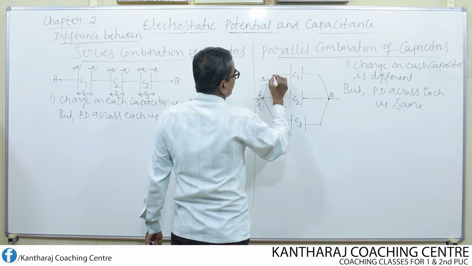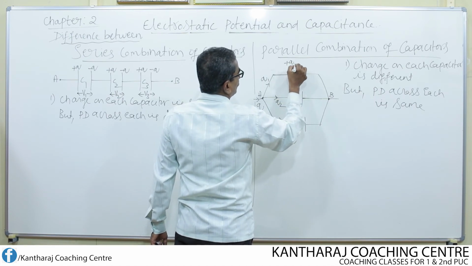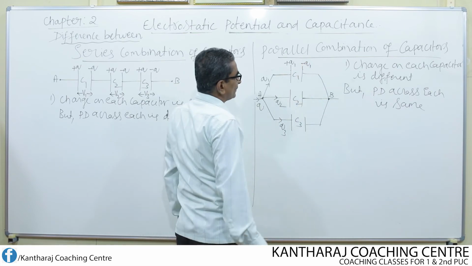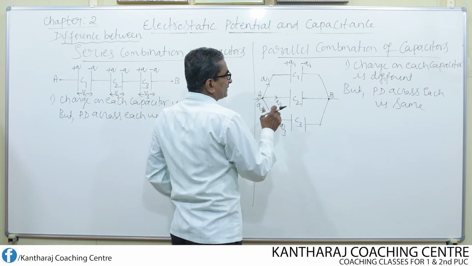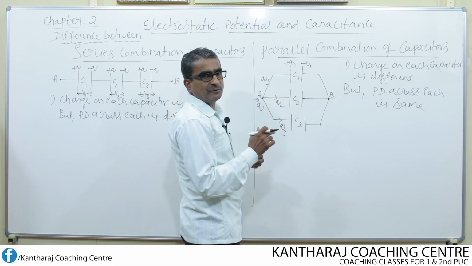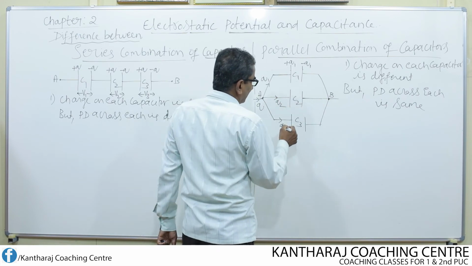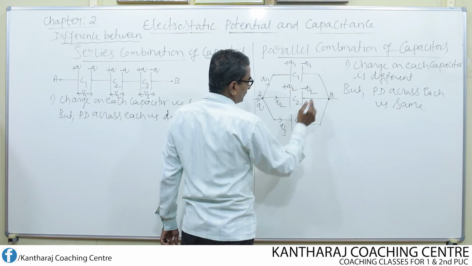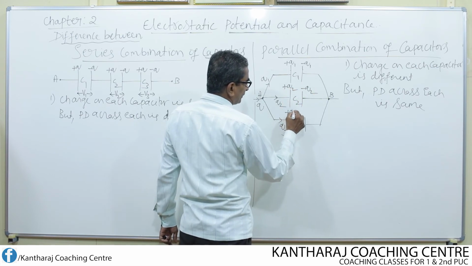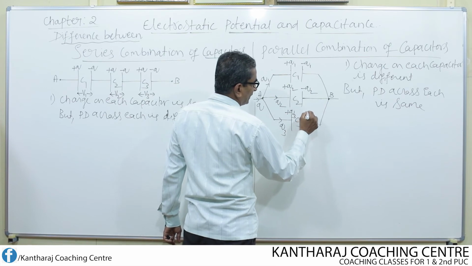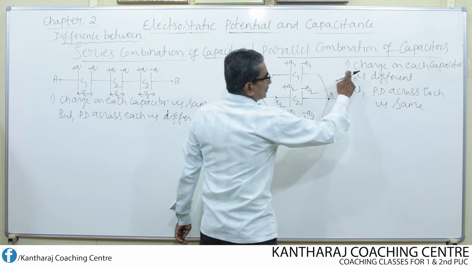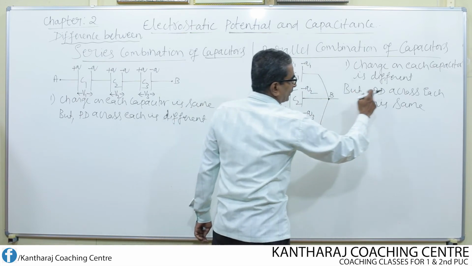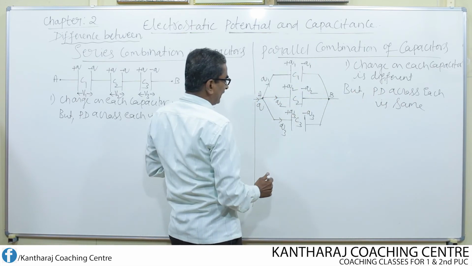So this plate gets charged to Q1 coulomb and the other plate minus Q1. Both plates acquire opposite charges of equal magnitude, whereas this plate acquires a charge plus Q2 and the other minus Q2, and this plus Q3 and the other plate minus Q3. So the charge on each capacitor is different, Q1, Q2, Q3. The potential difference across each is the same.